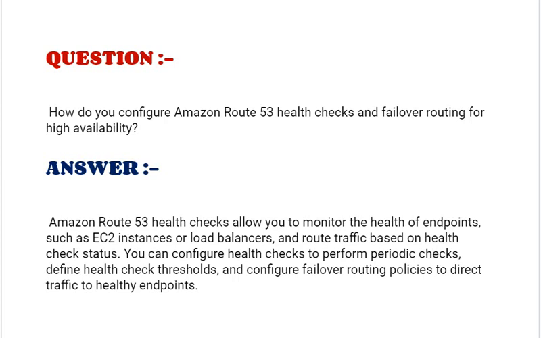Your answer should be: Amazon Route 53 health checks allow you to monitor the health of endpoints such as EC2 instances or load balancers and route traffic based on health check status. You can configure health checks to perform periodic checks, define health check thresholds, and configure failover routing policies to direct traffic to healthy endpoints.